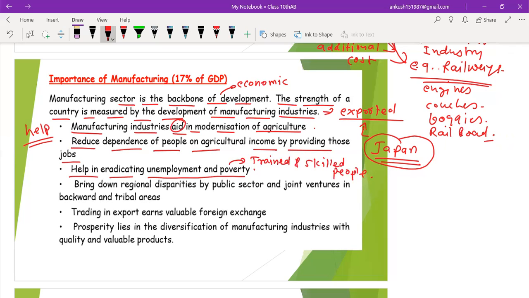Yes. Trained and skilled people would be employed there in operating the equipment in agriculture. What about those people who are not trained and skilled? That generates unemployment there.